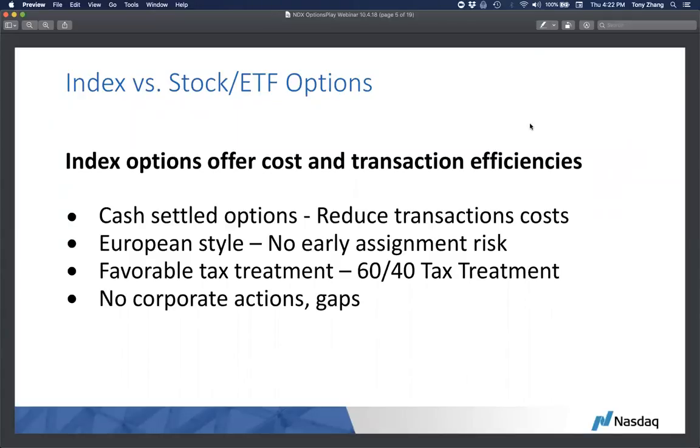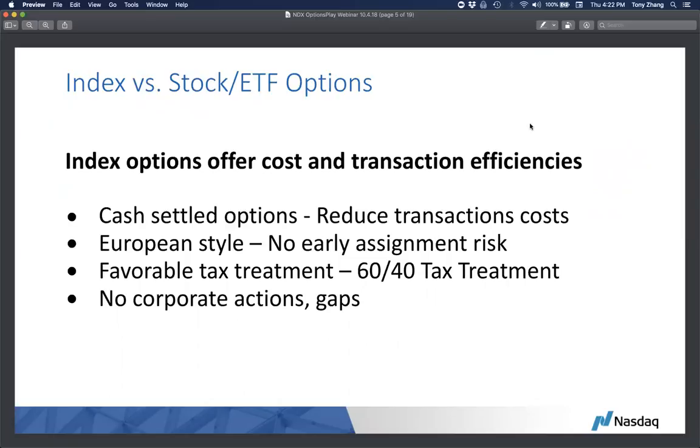You don't have to worry about closing a trade before expiration to avoid assignment or avoid exercise. So what that does is it reduces the cost. So it just makes managing expiration Fridays a little easier, because whatever profit or losses you have on an index option, they're just simply settled in cash at expiration. So really easy to manage and potentially reducing some transaction costs.